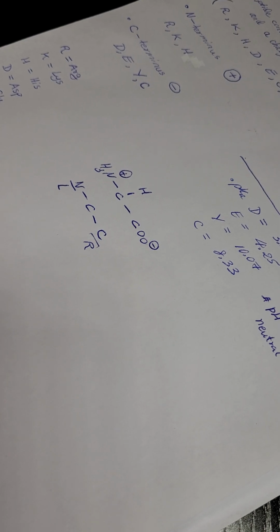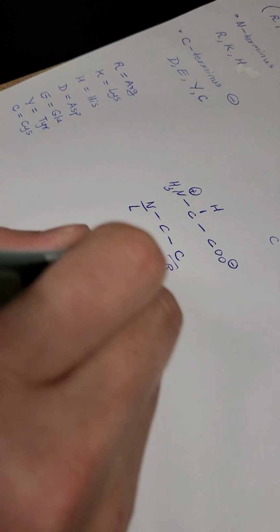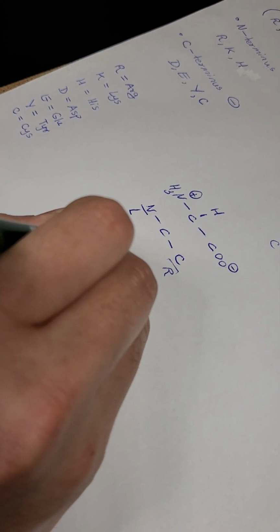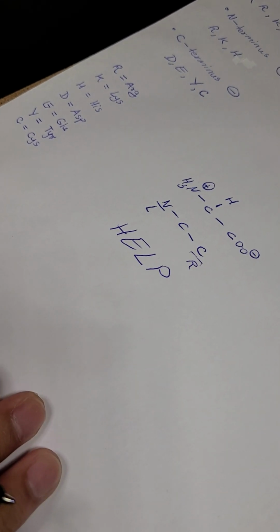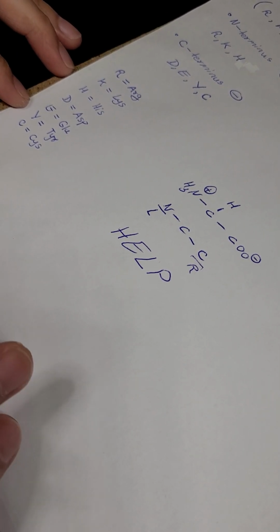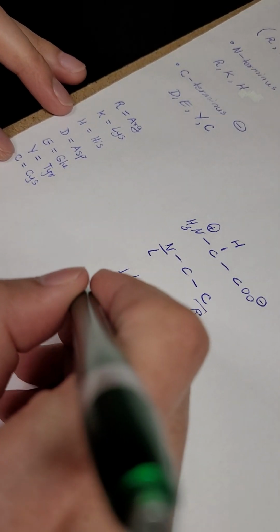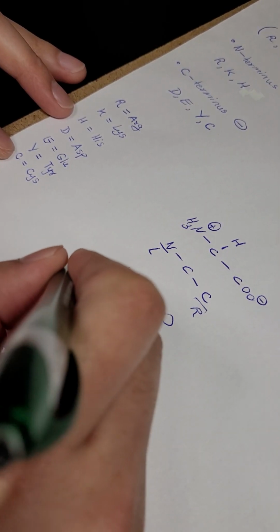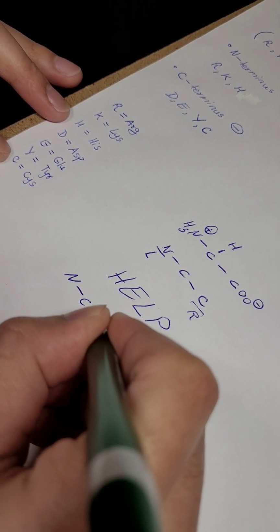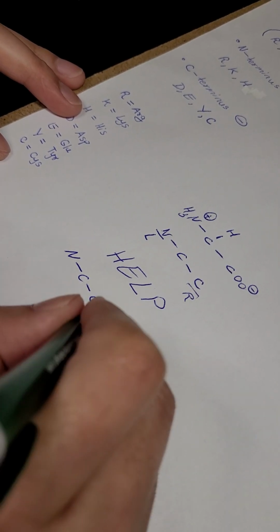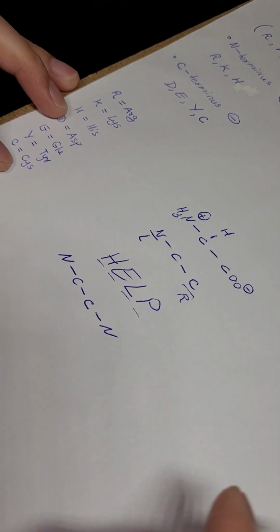Okay, I will give you an example, the word HELP. You can see this word, right? First, normally we have to draw N C C, and how many letters do we have? 1, 2, 3, 4.